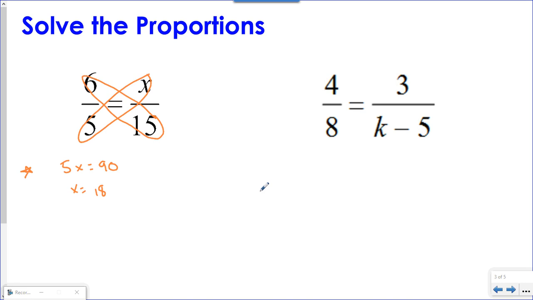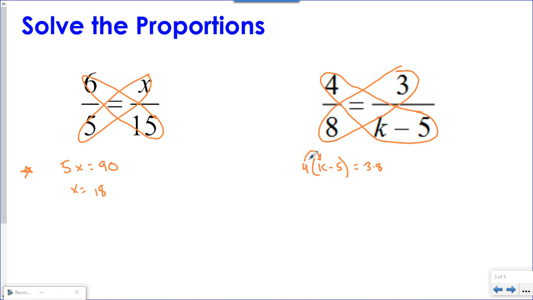Alright, so that's our basic equation. If we look at this one, it's a little more complicated because we have this binomial down in the denominator. So I'm going to multiply 4 by the whole quantity k minus 5. And then we're also going to multiply 3 times 8. Now I have to use my distributive property to simplify the left-hand side.